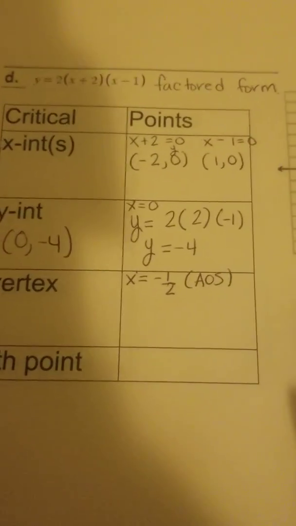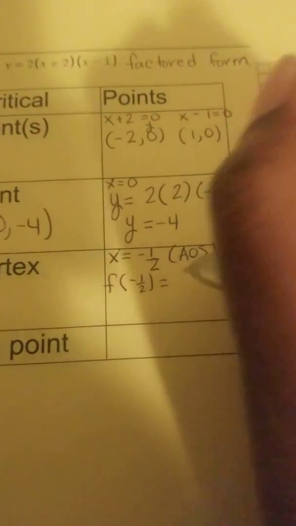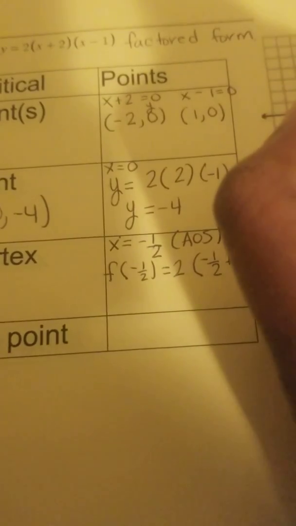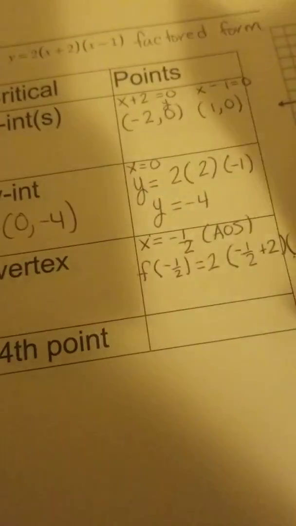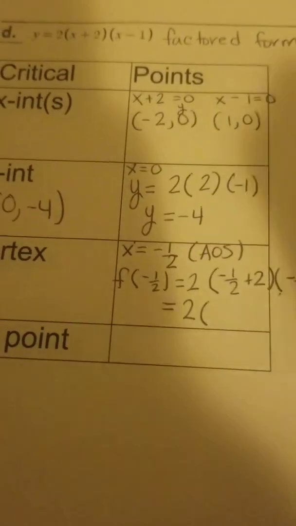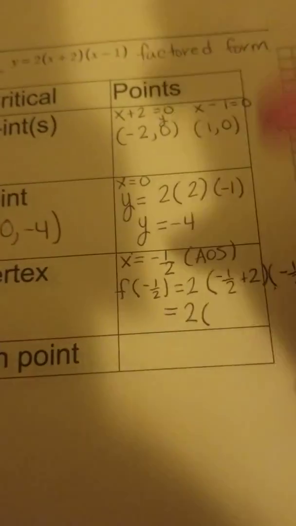And the AOS is going to be the x coordinate point of the vertex. So that means that I have to plug in this x coordinate point to find my y. So I get f of -1/2 is going to be equal to 2 times -1/2 plus 2, and that times -1/2 minus 1. So my work, I will have y equal to 2 times, -1/2 plus 2 is 1 1/2 or just 3/2.